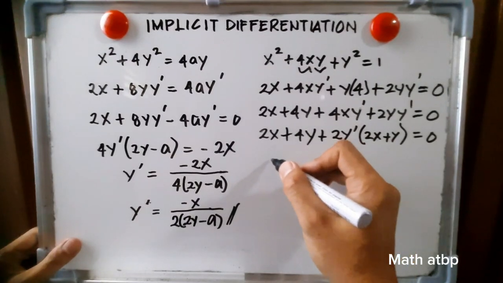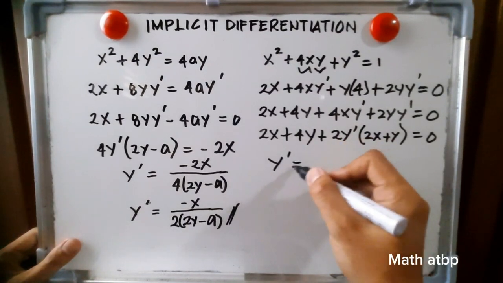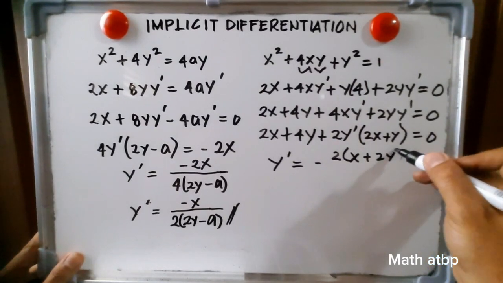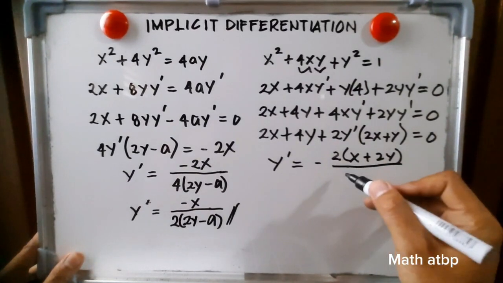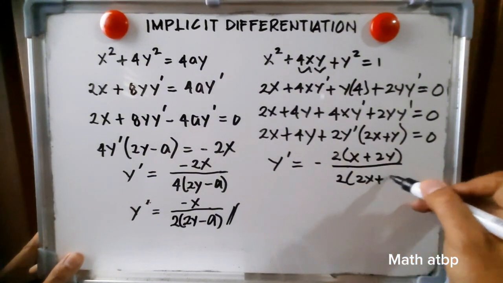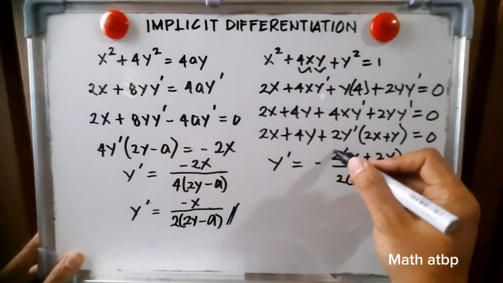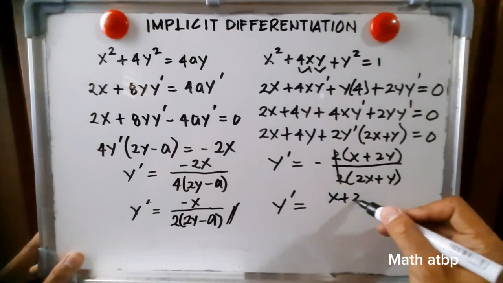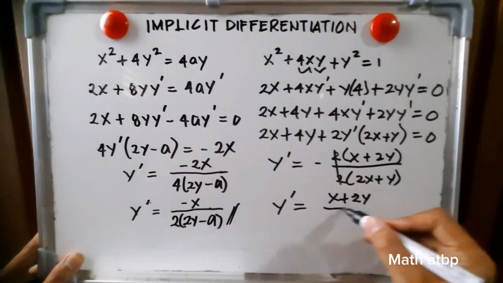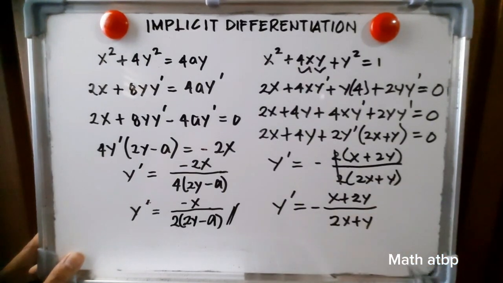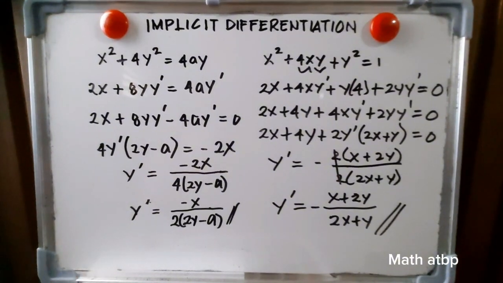Now we have y prime equal to negative 2 times x plus 2y, all over 2 times 2x plus y. Canceling 2, we have y prime equal to negative x plus 2y over 2x plus y. Okay, so this is your y prime. I hope you get it.